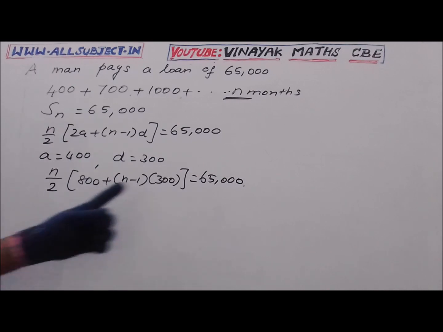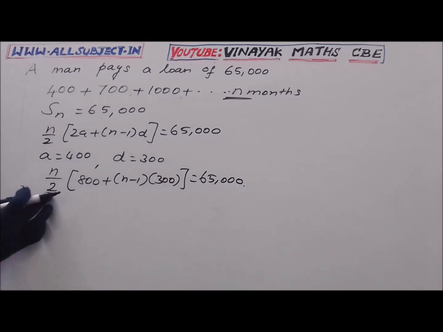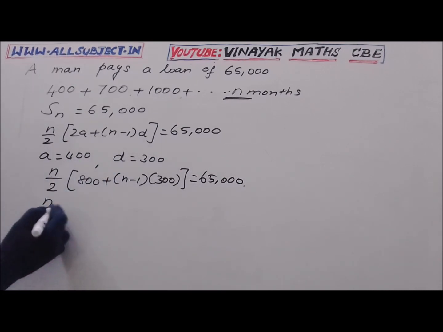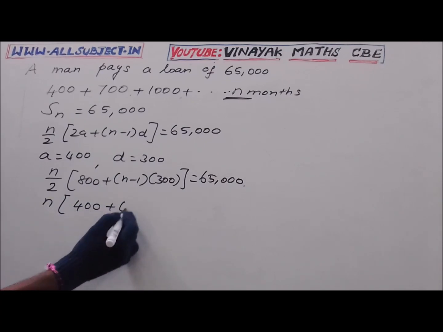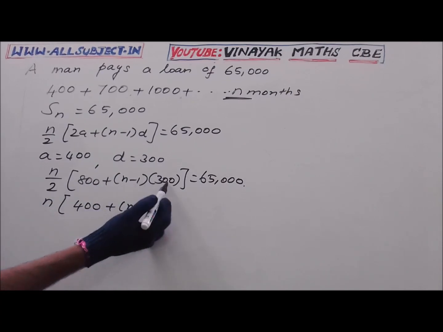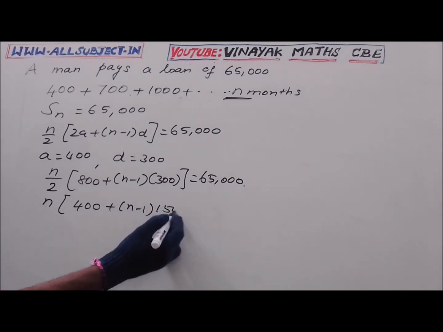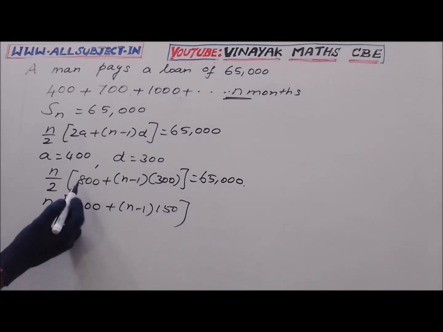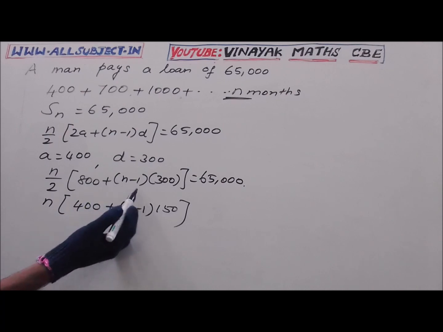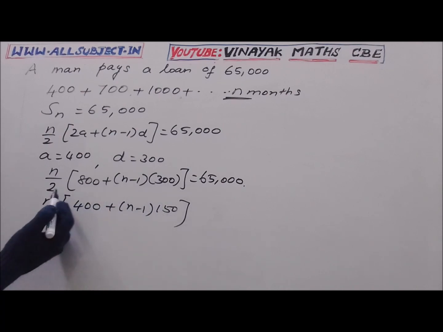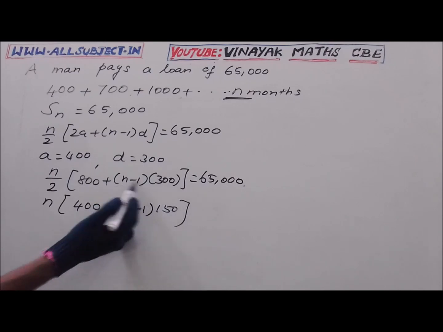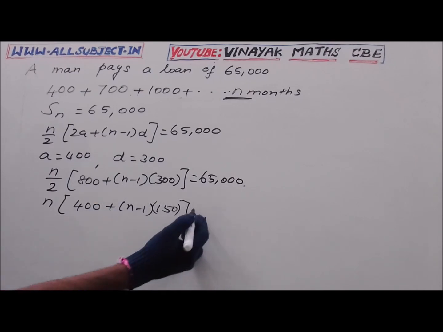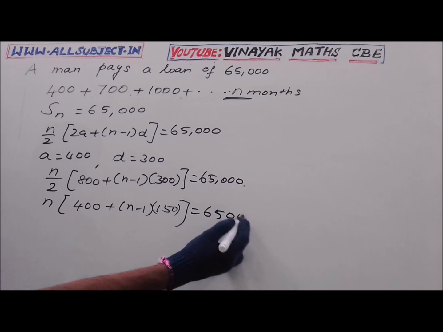Now dividing by 2 inside, listen carefully here, n into 800 by 2 is 400 plus n minus 1 into 300 by 2 is 150. So 800 by 2 is 400, 300 by 2 is 150, so n into 400 plus n minus 1 into 150 equal to 65,000.